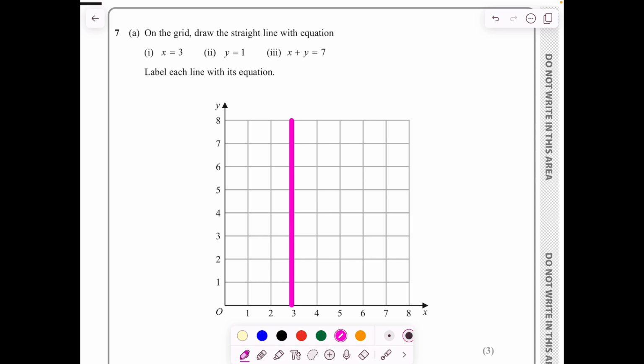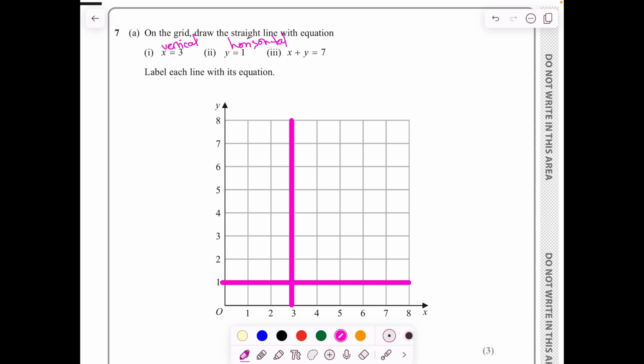Same for y equals 1. It's a horizontal line going through 1 on the y-axis. Yeah, so you just have to try and remember x is always vertical and it goes through that number on the x-axis, and y is always horizontal and it goes through that number on the y-axis.